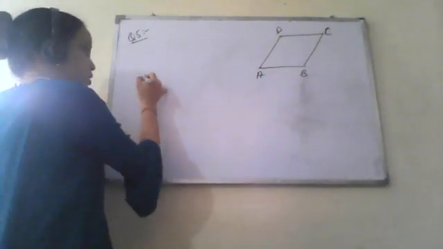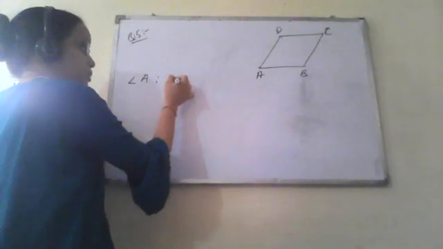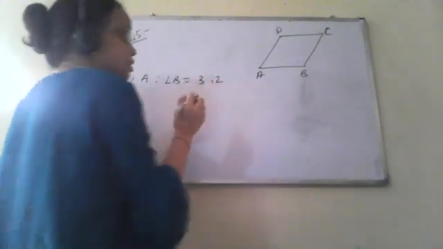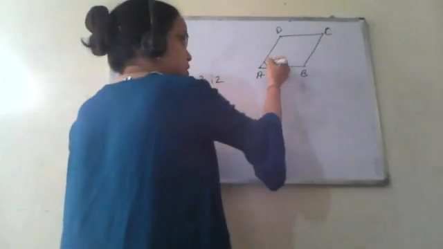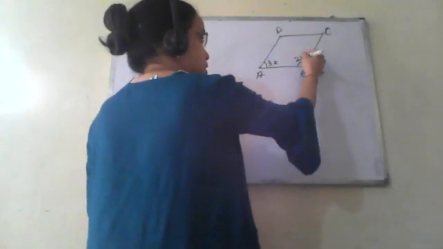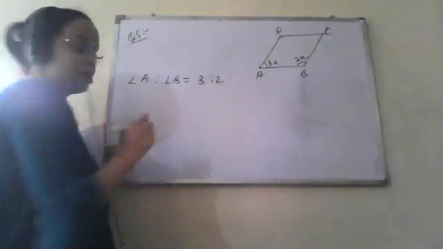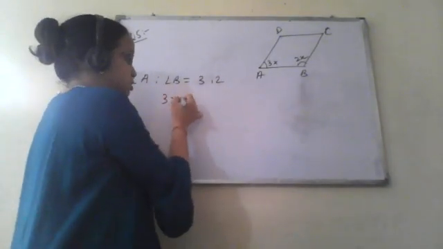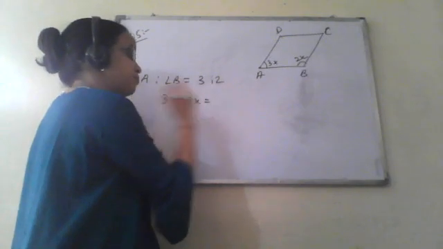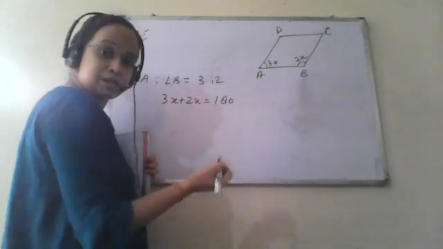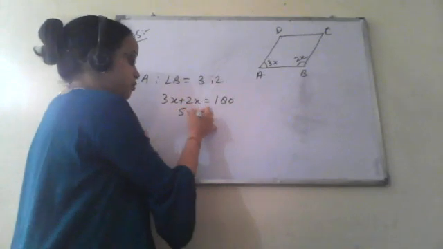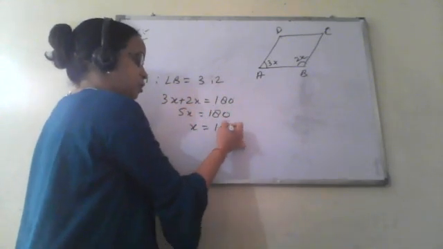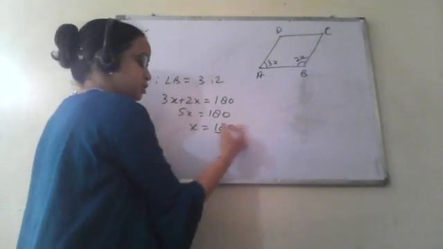Let angle A to angle B be 3:2. We will assume this angle as 3x and this angle as 2x. These are adjacent angles, and the sum of adjacent angles is 180 degrees, as adjacent angles are supplementary. So 3x plus 2x is 180 degrees, 5x equals 180 degrees, and x equals 180 upon 5.